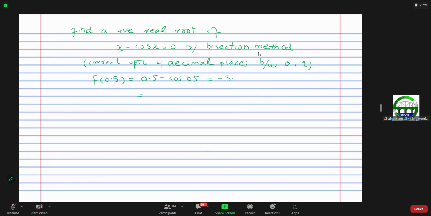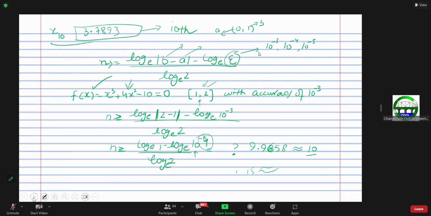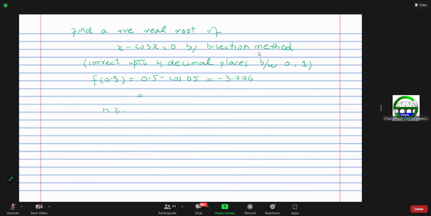Okay, so our answer is minus 3.776. It asks how many decimal places we need. It is equal to log e of (1 minus 0), minus log e of 10 raised to the power of 4 decimal places.